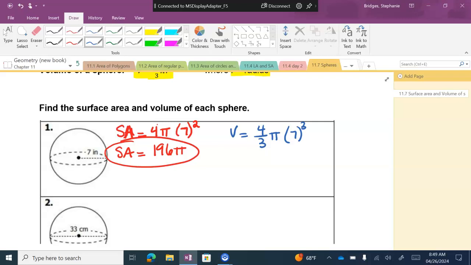I got 457.33333. And what we're going to do is just round that, so we're going to say 457.33. And then what do I have to put behind it? Anything that has a circle in it has what symbol? Pi.